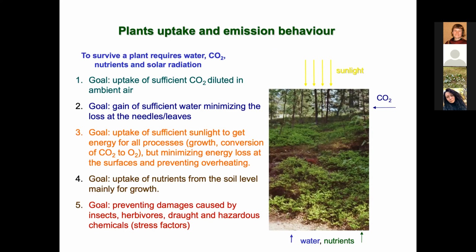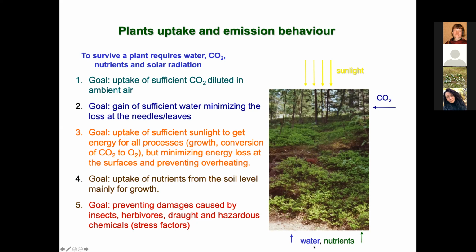So if you look normally at a plant, a tree, what is the goal? The goal of the tree is to get enough CO2, which it gets from the air. It's to get enough water from the ground, over needles and the leaves. It tries to get enough sunlight because it needs it for the photosynthesis. It needs uptake of nutrients from the soil, and it tries to prevent damage caused by insects, herbivores, drought, and hazardous chemicals, stress factors.